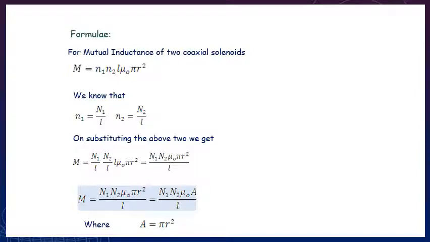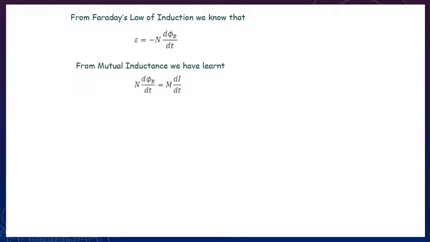The next formula that you have to remember is this. From Faraday's law of induction, we have learned that EMF is equal to minus N d phi b divided by dt. We have also learned from mutual inductance that term N d phi by dt is equal to M into di by dt.